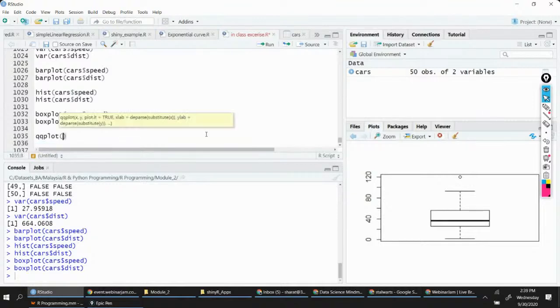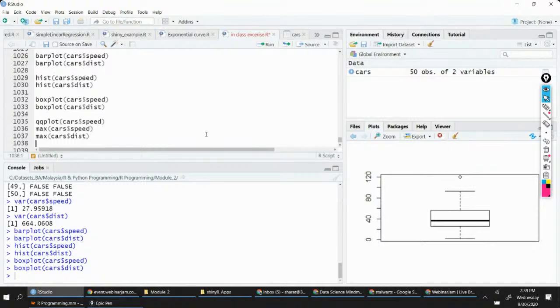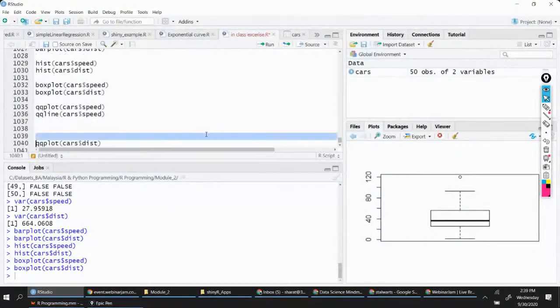So I'll say QQ plot. Let me put this. QQ plot. And we'll also come up with QQ line. I'll just put this below this.